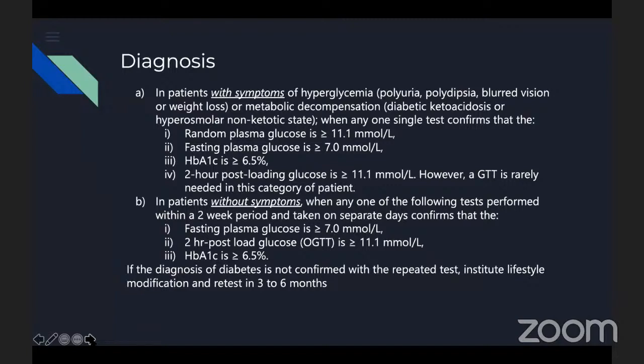Then we move on to diagnosis. For the diagnosis of diabetes, we basically split patients into two categories: those who present with symptoms of hyperglycemia and those who present without symptoms of hyperglycemia.